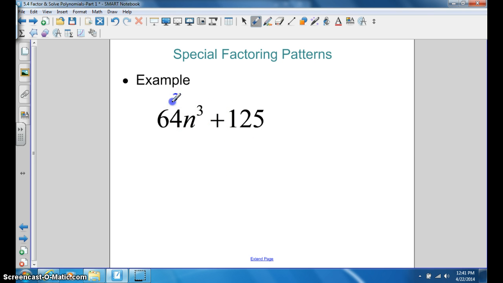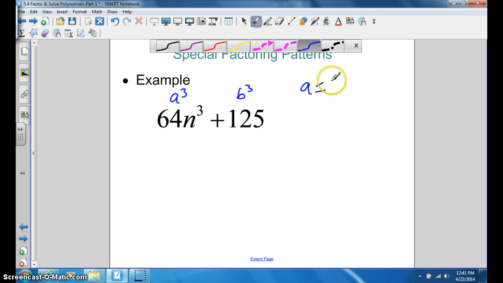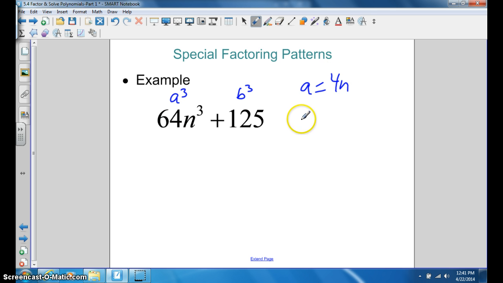And the next one here, once again we have a cubed and b cubed. Well, if we take the cube root of 64n cubed, we get 4n, and if we take the cube root of 125, we get 5.